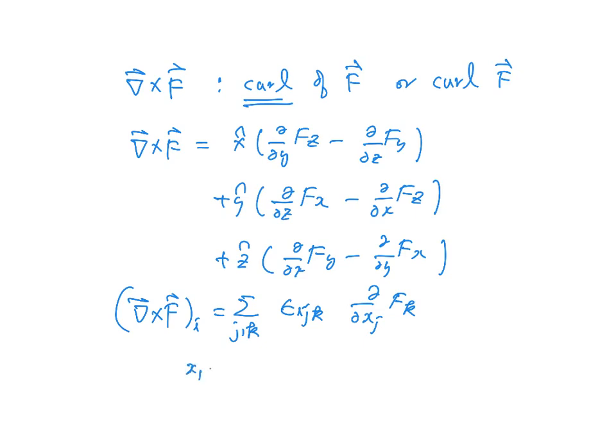Here x1 is x, x2 is y, x3 is z. So we can use the Levi-Civita symbol to simplify the representation of curl f, or you can just write down the component by component.